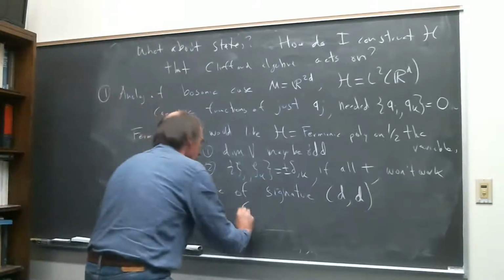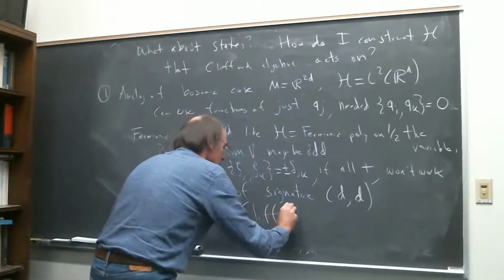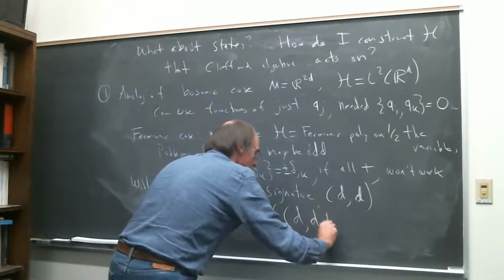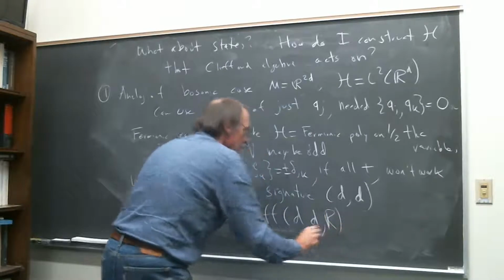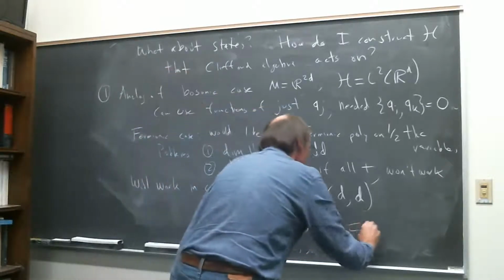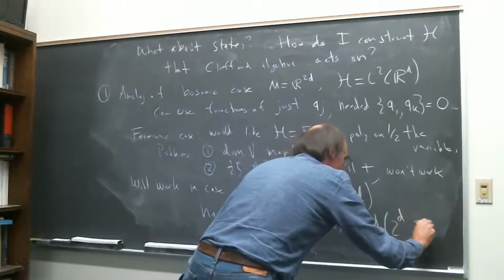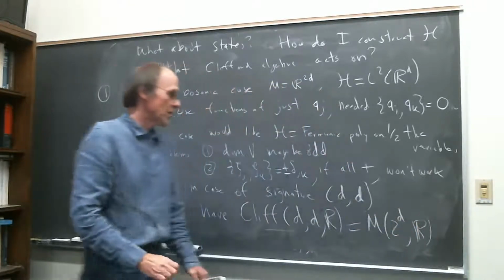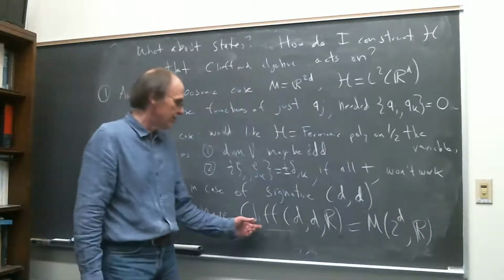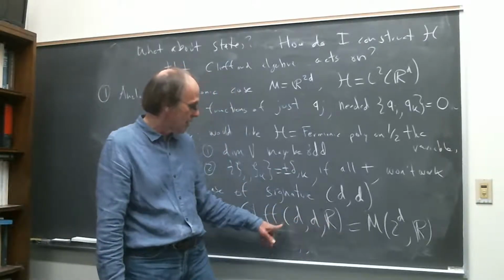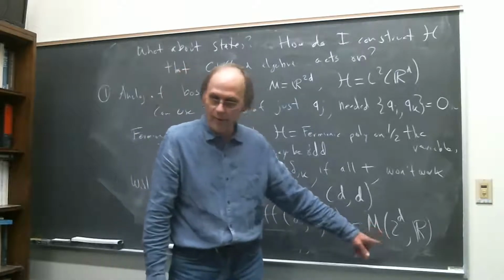The Clifford algebra in this case is equal to the algebra of 2^d by 2^d real matrices. So in this special case, the Clifford algebras are fairly simple.